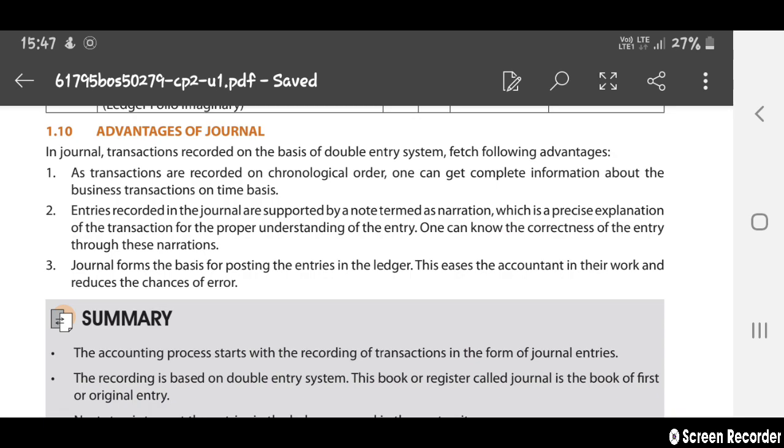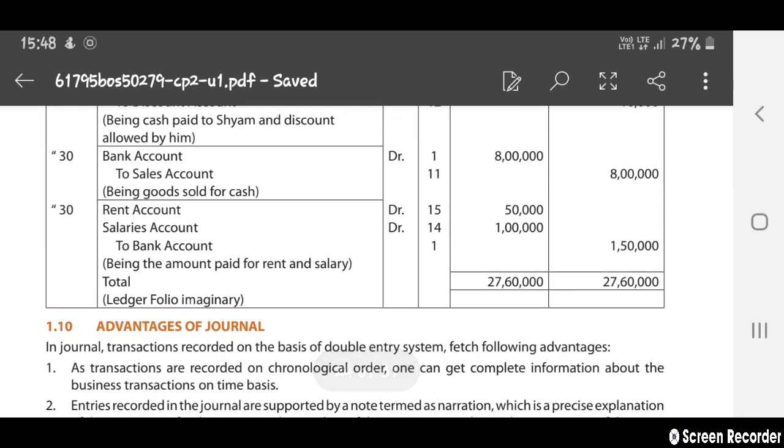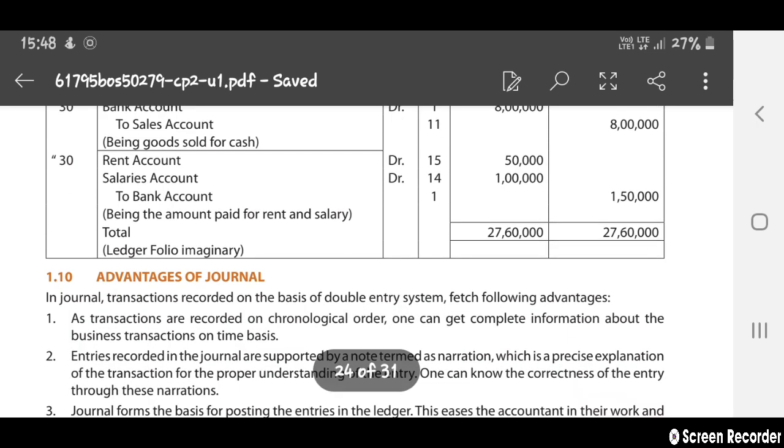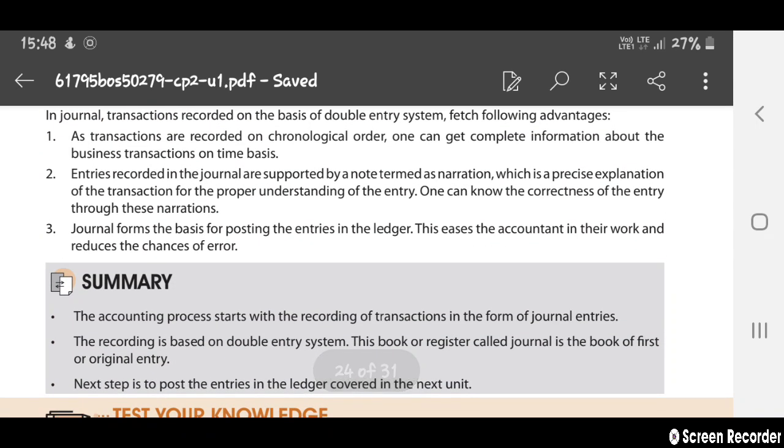Entries recorded in the journal are supported by a note termed narration, which is a precise explanation of the transaction for the proper understanding of the entry. Here we have written a note: being the amount paid for rent and salary. That means you will understand you have paid some money for rent and salary.